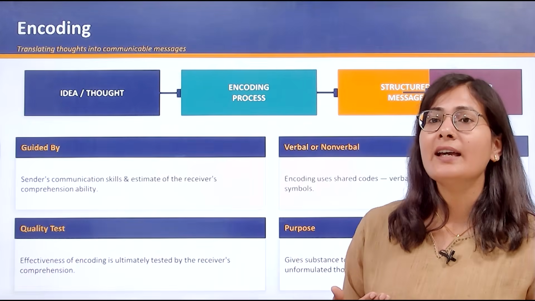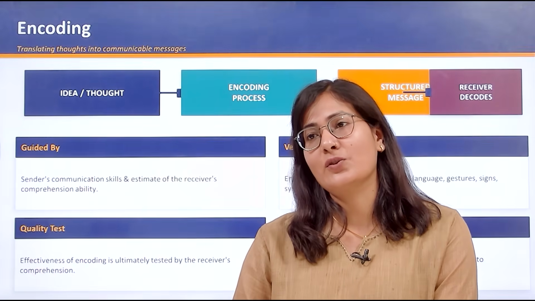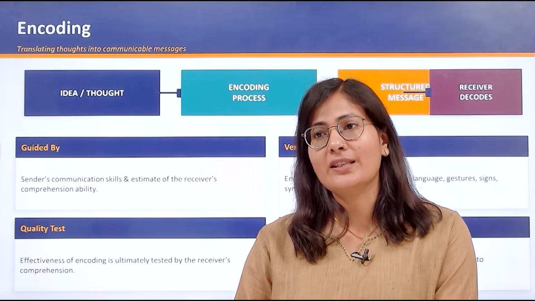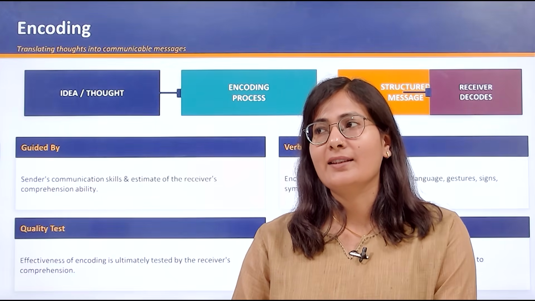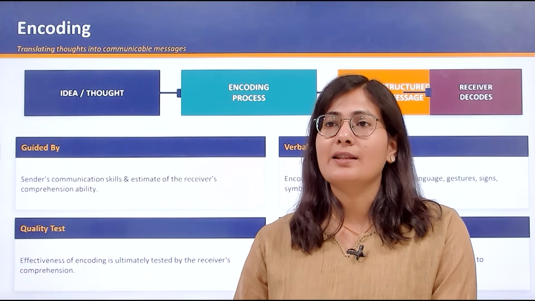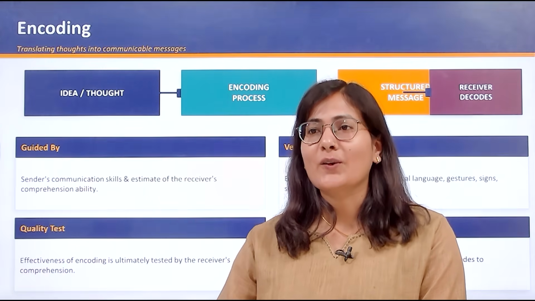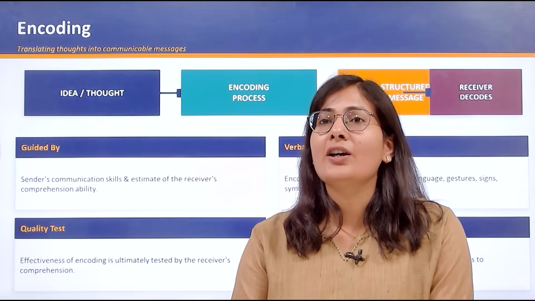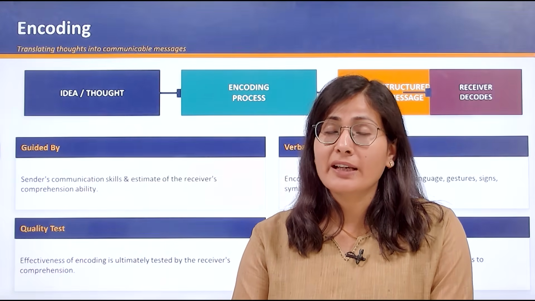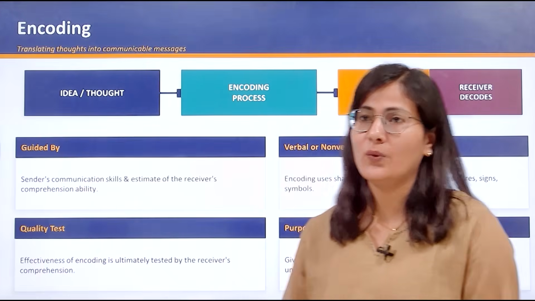Encoding is ultimately tested by the receiver's comprehension. If the message which is transferred to the receiver is not getting comprehended, and the receiver is not able to take it in, then being the encoder of that message, you fail at that level. Right?